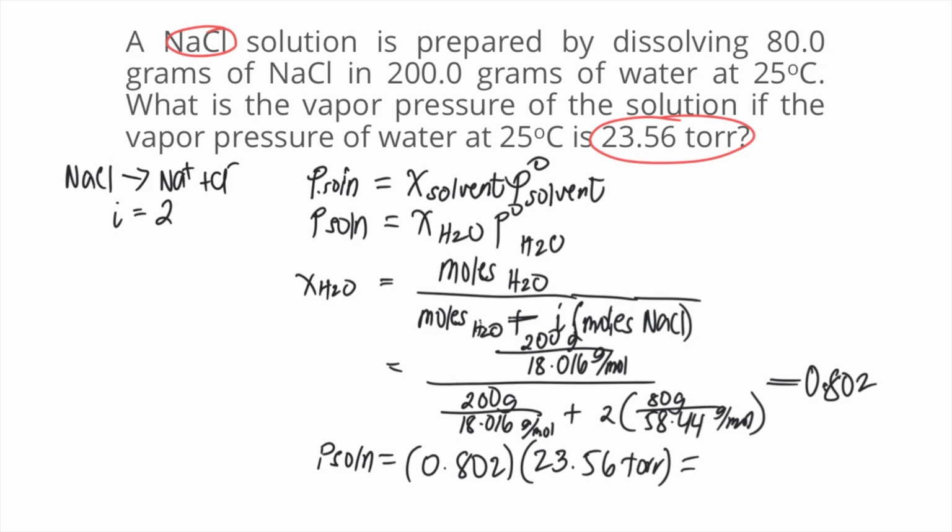If you solve this, 0.802 times 23.56, you will get approximately 18.9 torr. And this is the answer to the question.